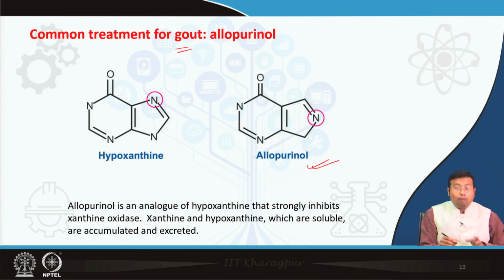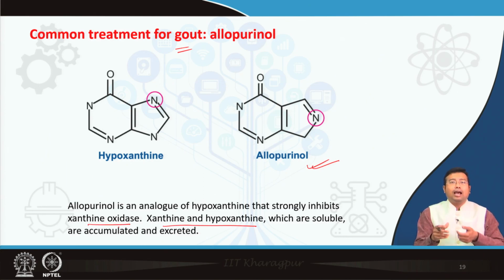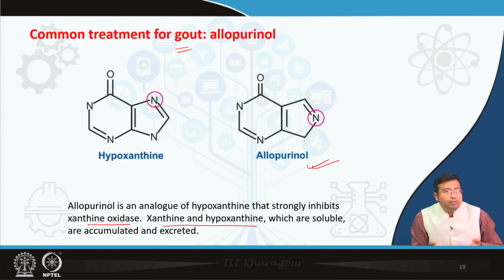It is a competitive inhibitor of the enzyme xanthine oxidase. We have seen xanthine oxidase actually acts in 2 phases. In competitive inhibition, the inhibitor is a substrate analog.